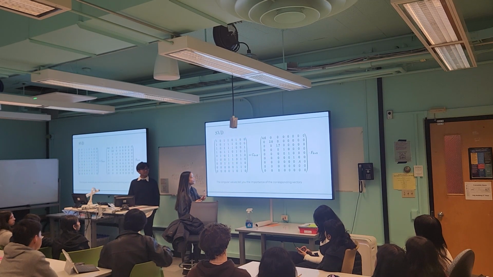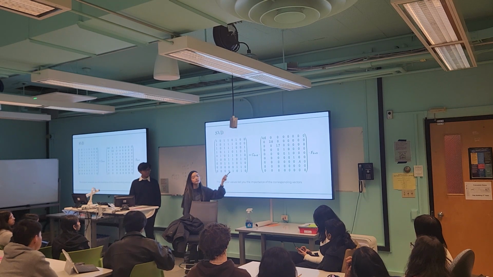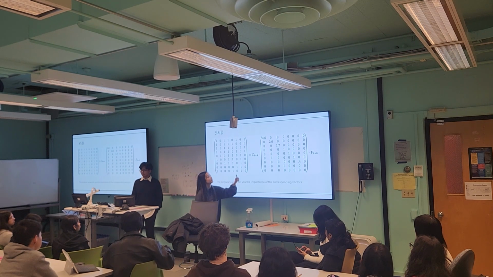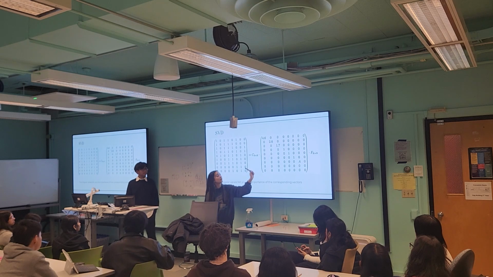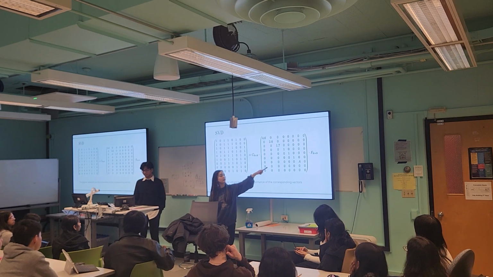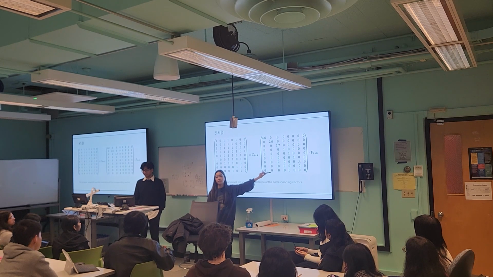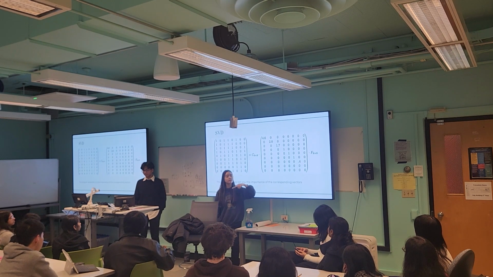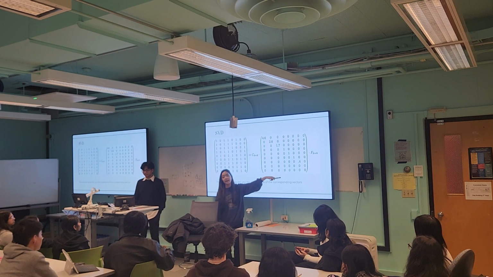Let's look at an example. This is our input matrix M, and we have three matrices in total. This is the first matrix, that is the third matrix, and the one in the middle is our sigma matrix. As I just mentioned, this is a diagonal matrix, and all the singular values are on its diagonal, because every other entry is zero.